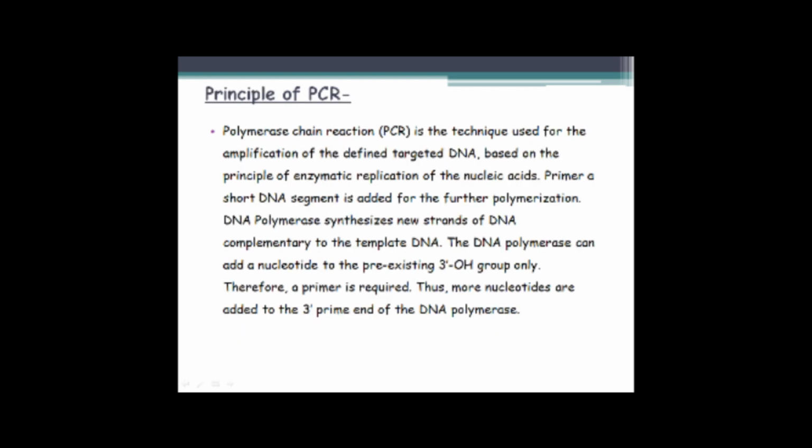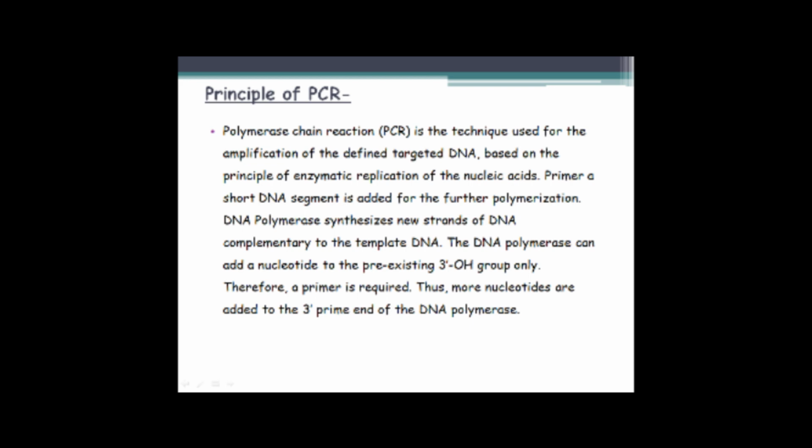Principle of PCR. Polymerase chain reaction is the technique used for the amplification of the defined targeted DNA based on the principle of enzymatic replication of the nucleic acid. A primer, a short DNA segment, is added for the further polymerization.